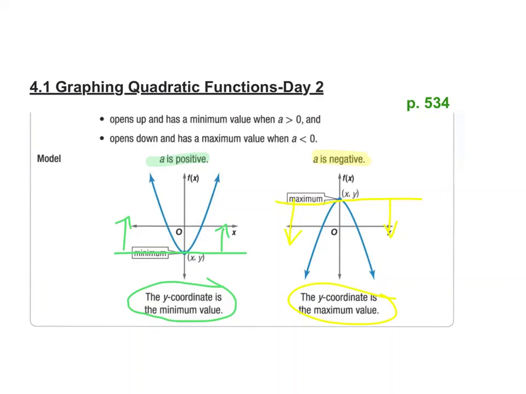Now, that concept that we used before, you can still draw the graph and find the range from it, but for your homework today, you don't have to do it with the graph. The understanding is that if it opens up, there's a minimum, and the y value is from that minimum on up forever. If A is negative and it opens down, then that y value is its highest and then less than that.